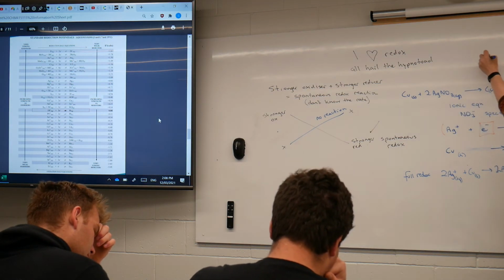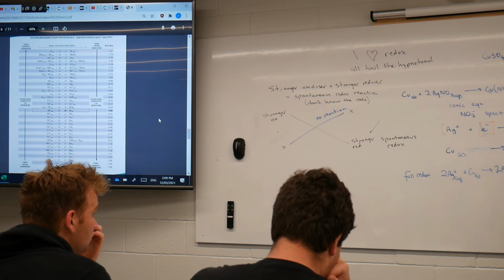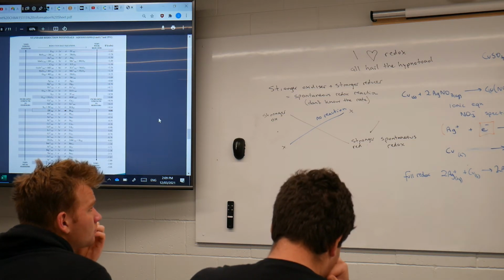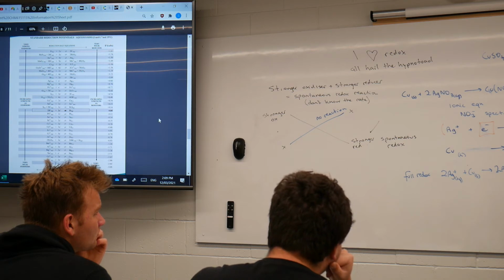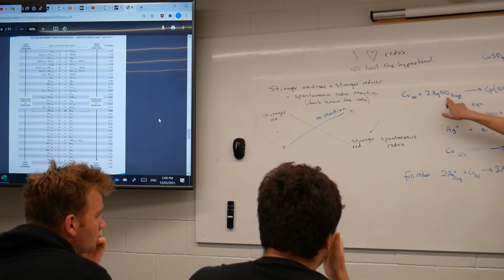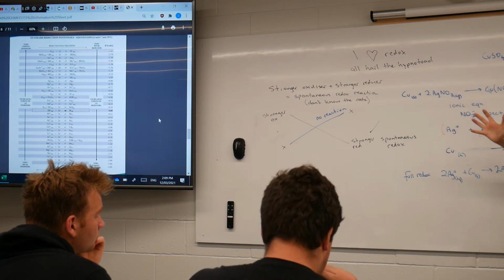So say it says copper sulfate solution. What that means is that you've got copper ions. Okay, the sulfate doesn't matter, just like it didn't matter that it was a nitrate here. Yeah? Okay, so don't worry about that.